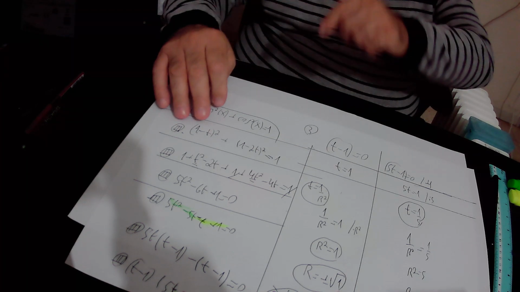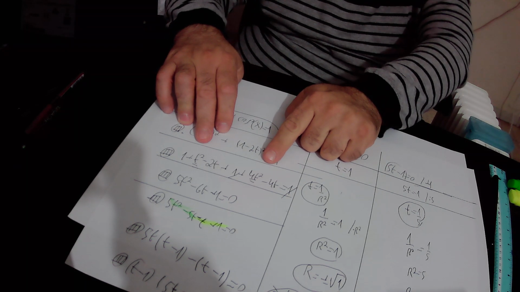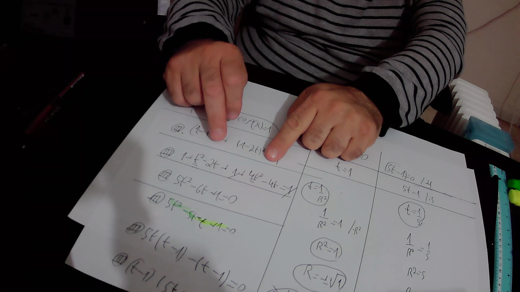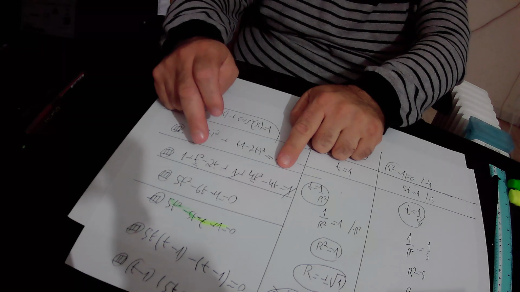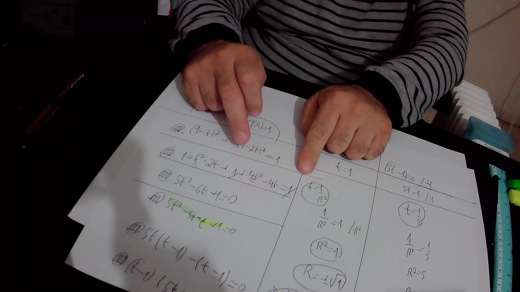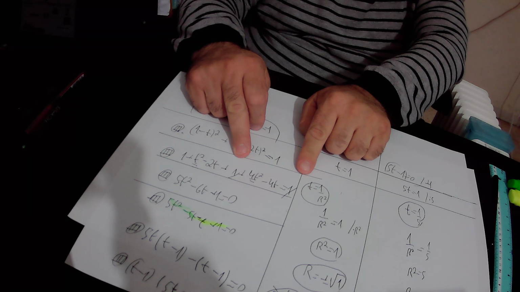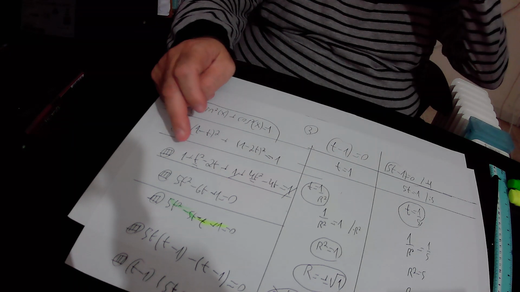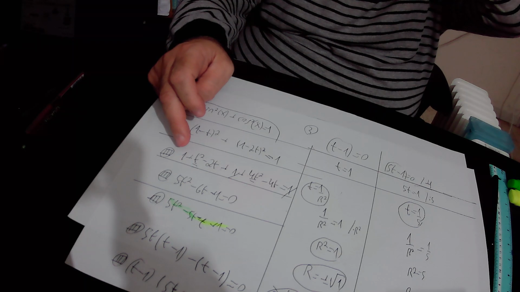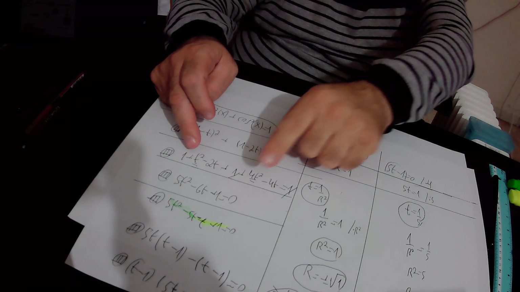So here we have t squared plus 4t squared is 5t squared, and minus 2t minus 4t is minus 6t. Here we have 1 on both sides of the equation, so the 1 will get cancelled. In conclusion, according to equation number 3, 5t squared minus 6t plus 1 equals 0.